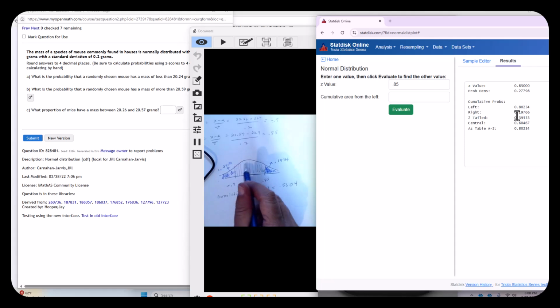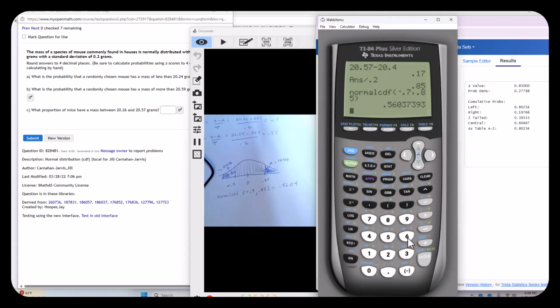So in order to get the center here, I'll take 1 minus both of these. Let's pull up the calculator, clear that out. 1 minus 0.24196 minus the other part, 0.19766.